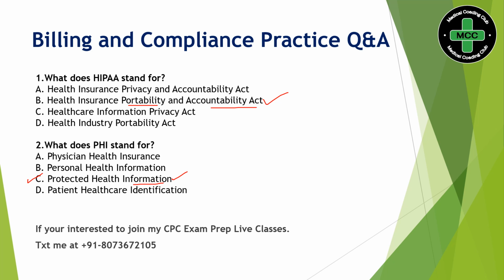What does PHI contain? The medical record will have the patient name, patient address, social security number, driving license, insurance card, and many other things, including their medical diagnosis. So it should be protected. And as I said, the acronym PHI is Protected Health Information.